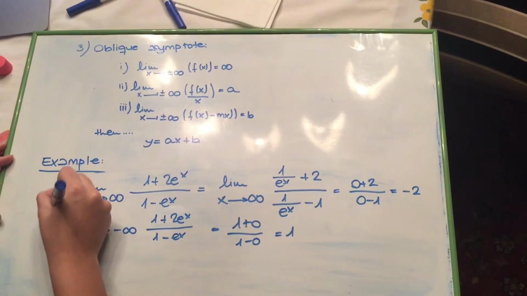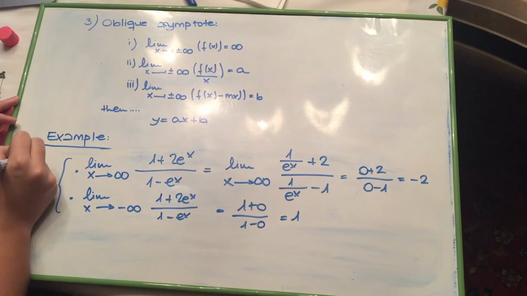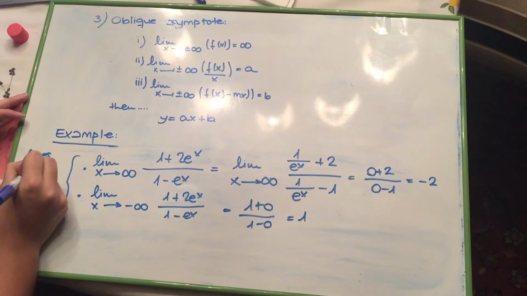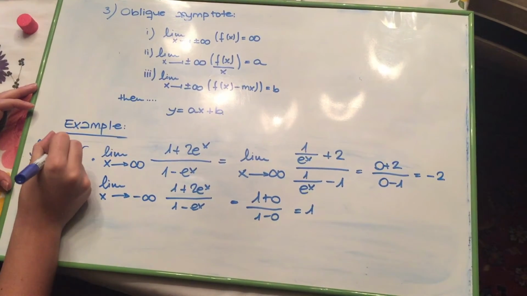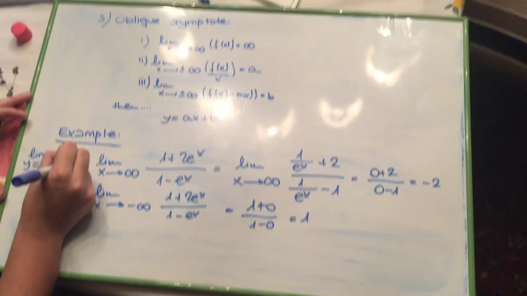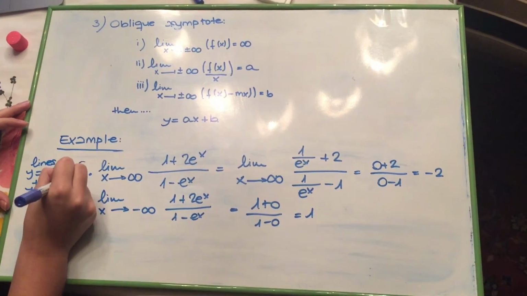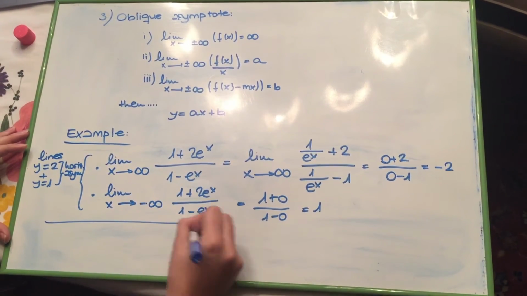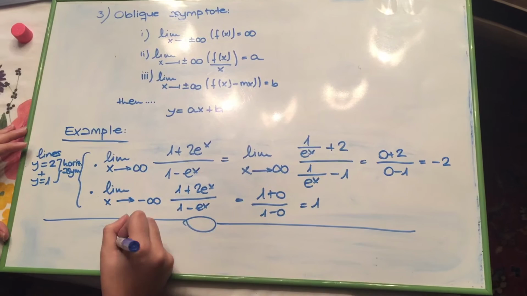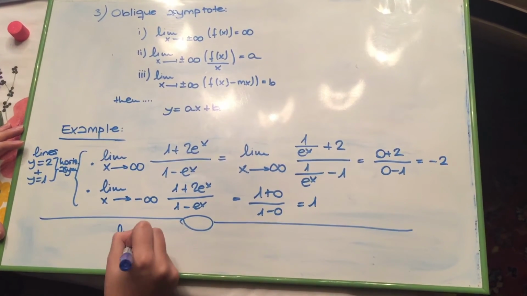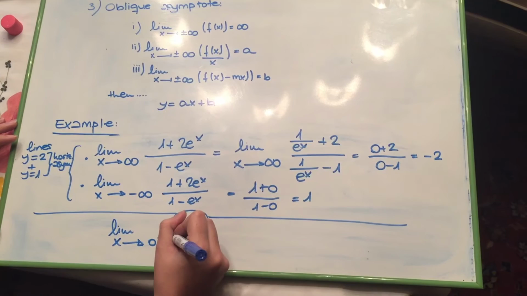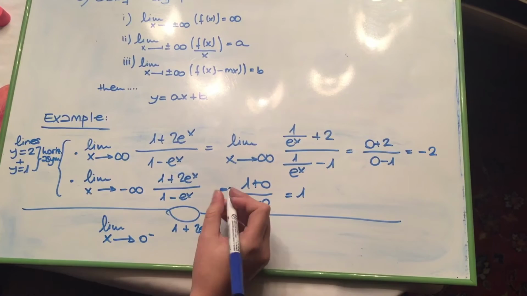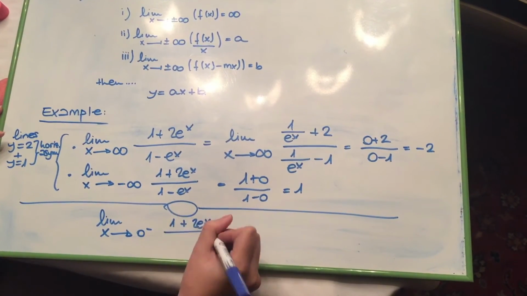To find the vertical asymptote, we notice that the denominator is 0 when x equals 0. When x goes to 0 from the left, the denominator is positive and close to 0, and the numerator is positive, close to 3. So the limit as x goes to 0 from the left of 1 plus 2e to the power of x divided by 1 minus e to the power of x equals infinity, and the line x equals 0 is a vertical asymptote.